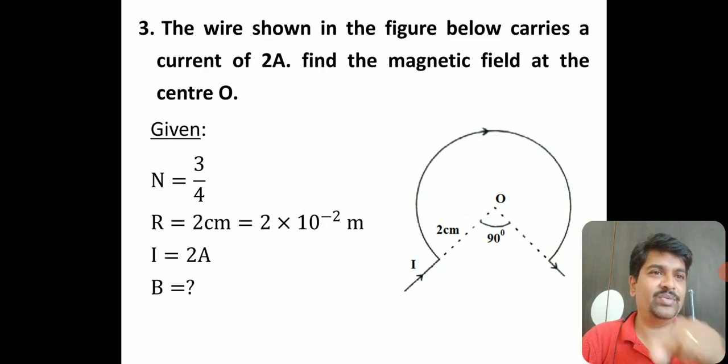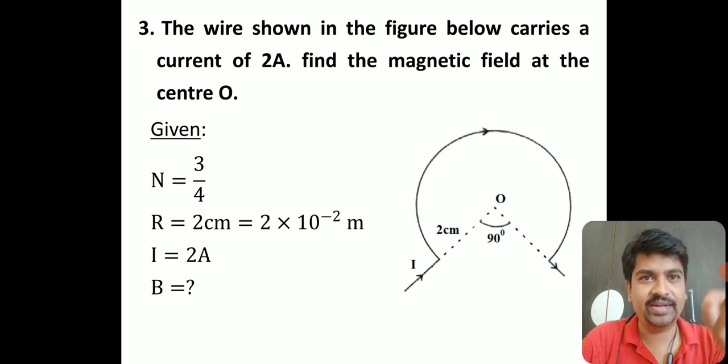It is not even one complete turn. And the radius is also given. The radius is 2 centimeter. If it is written in meter, it will be 2 into 10 to the power of minus 2 meter. And the current flowing through this wire is 2 amperes.